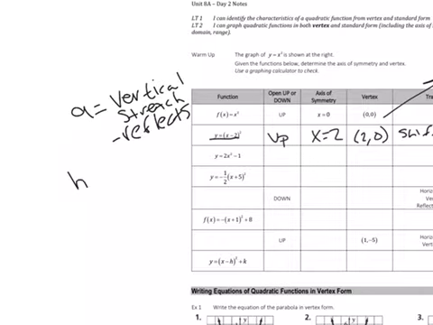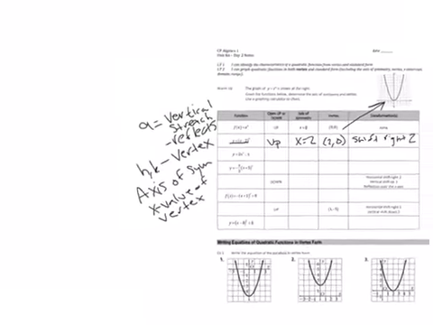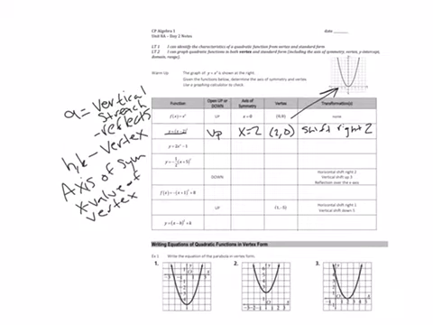H and K is going to be our vertex, and then the axis of symmetry, that one is going to be given, that's going to be the x value of the vertex. Okay, so you guys can put that on the side if you want to. I just wanted to make sure I had it in writing so you guys can refer to that.